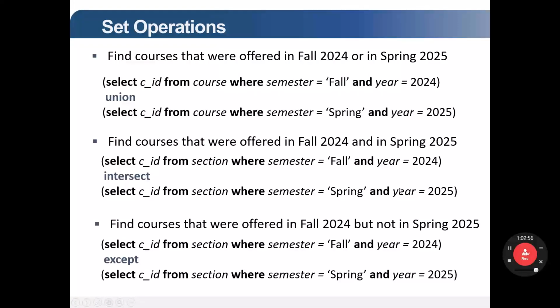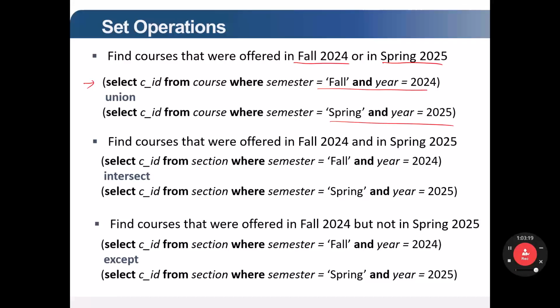Next. Set operation examples are listed here. This is the query that finds courses that were offered in fall 2024 or in spring 2025. So this first query selects courses offered in fall 2024.